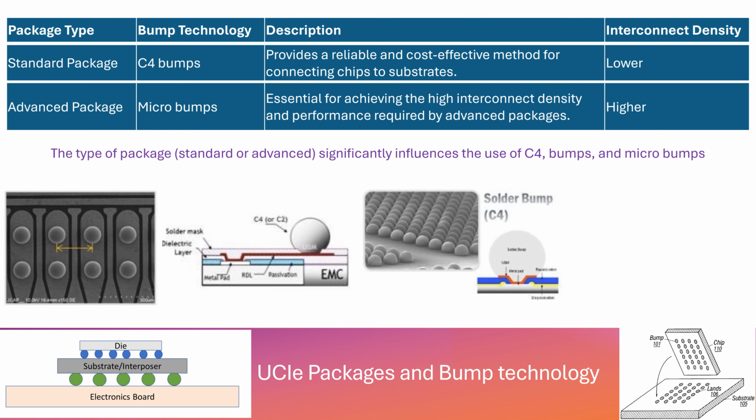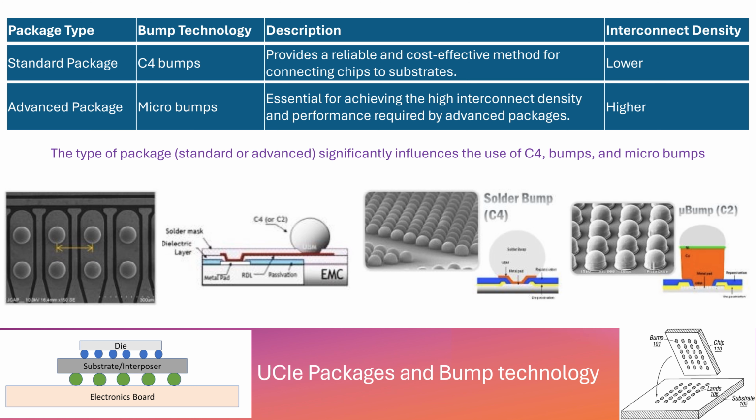Hence typically for the standard package we use 16 lanes, whereas for the advanced package we go for 64 lanes. What enables it is the micro bump size as well as the C4 bump size. This is the next image, micro bump. The only difference is that the size is smaller, whereas C2 stands for chip connection.